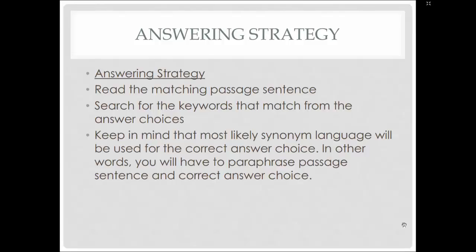You might have to read the keyword sentence and also read the next sentence in the passage to be able to get your answer choice. Because sometimes an answer choice might be a combination of two sentences. It might have information from two sentences. It's possible. It happens sometimes.